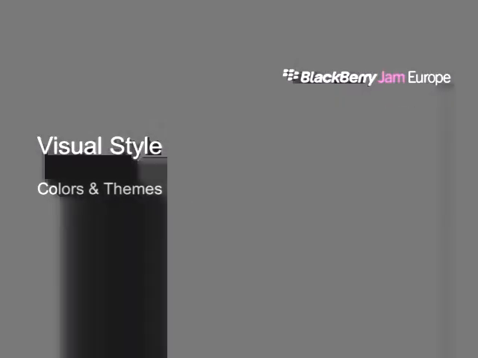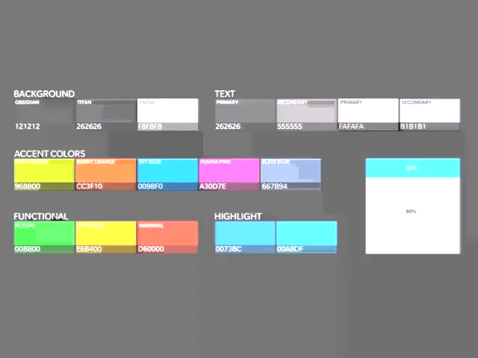So we're going to move on to some colors and theming. It's just a palette of a few colors used in the BB10 phones. What we're trying to strive for here is using neutral colors. Again, we don't want to get in your way. We want to guide the user to be able to do what he wants to do.